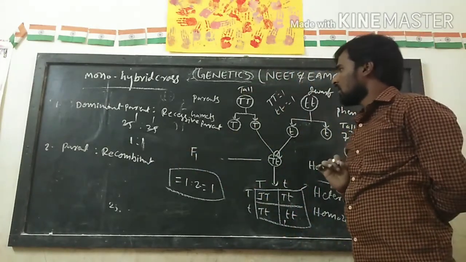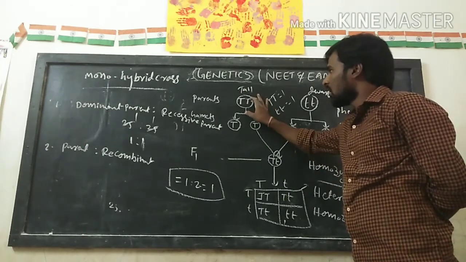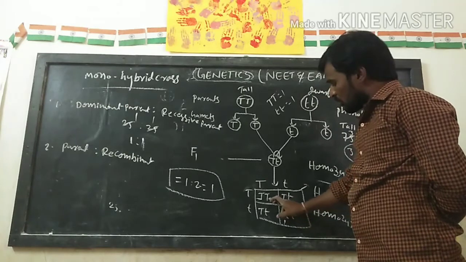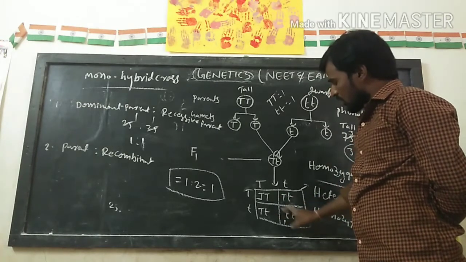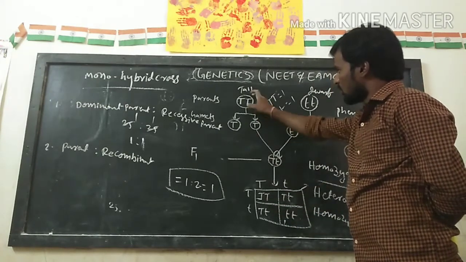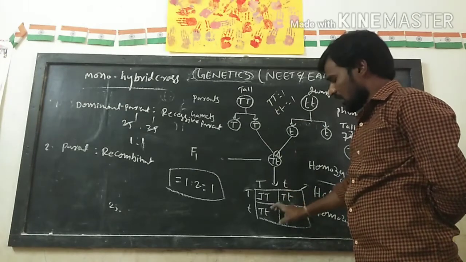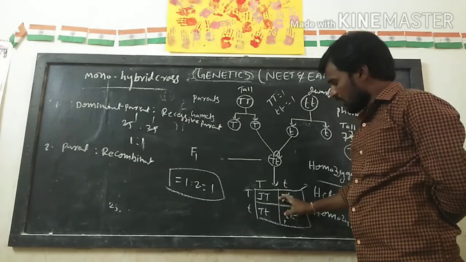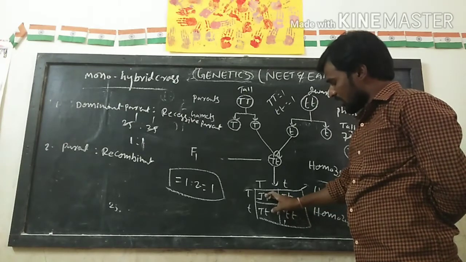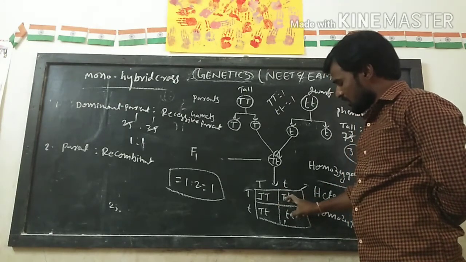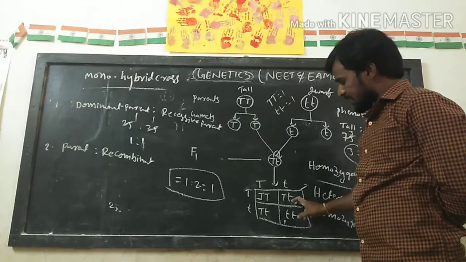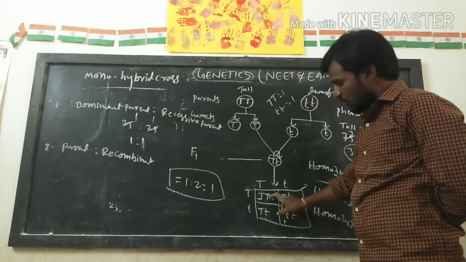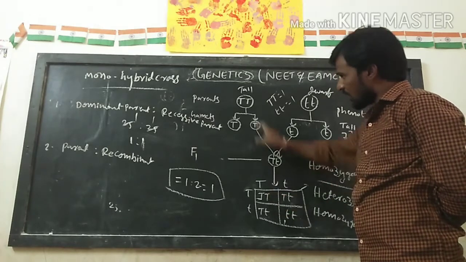Simple. What are the parents here? Tall and dwarf. How many tall and dwarf plants are here? 2, the first one and the last one. Capital T is tall. These two are tall, but these are not pure. These two are impure. This one is homozygous. This is heterozygous because both genes are dissimilar. Here both genes are similar, that is why homozygous. This looks like a parent.